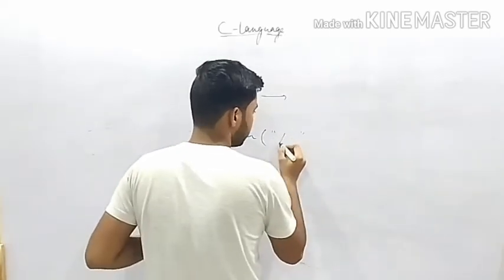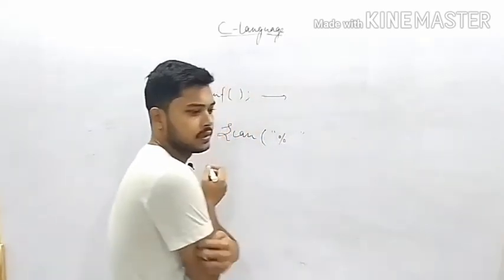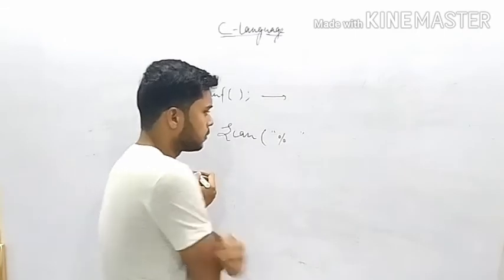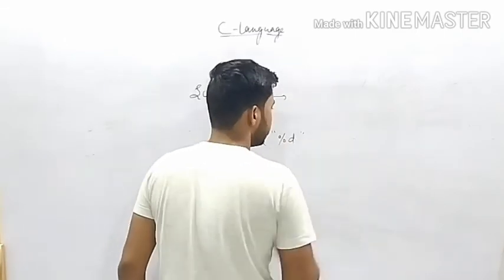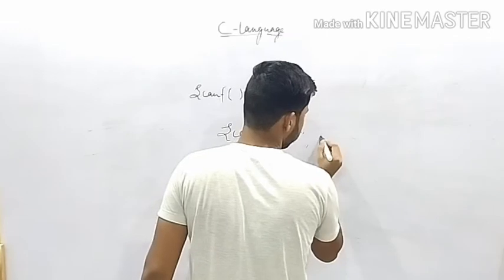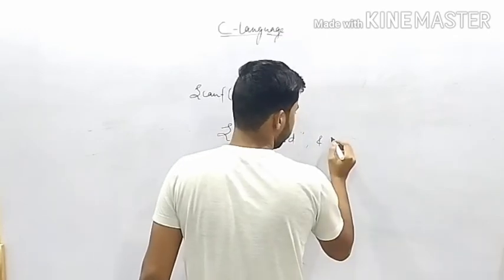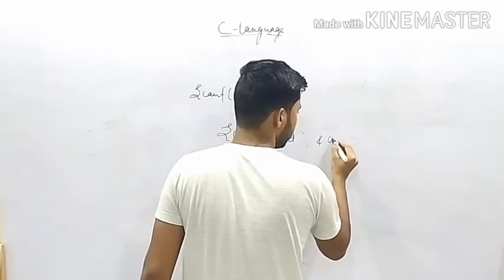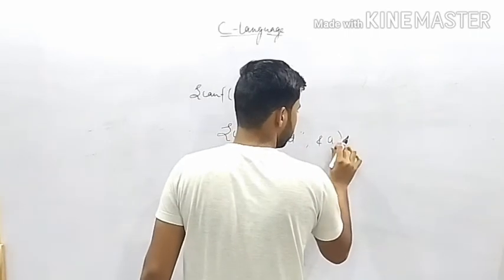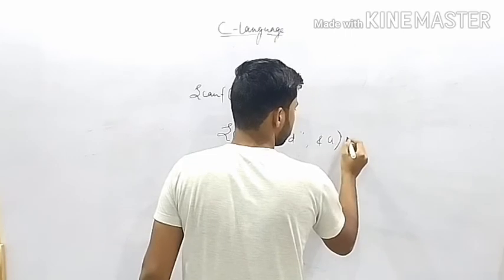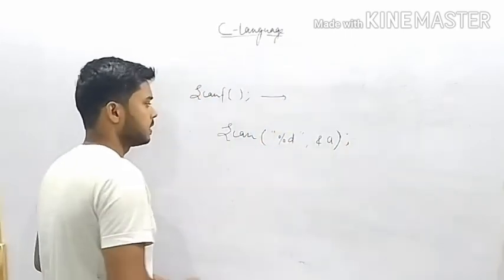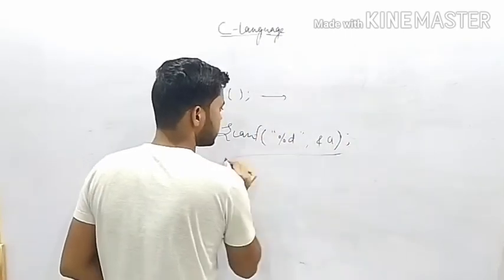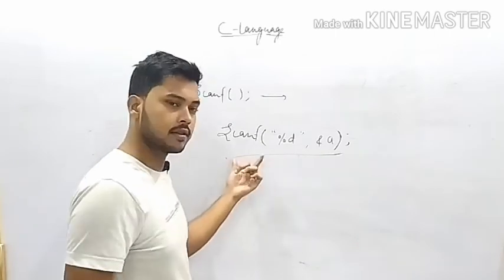For example, we are taking an integer as input, so we will write %d here. Then we will give the address of the variable in which we want to store this value, for example variable a. So this is our syntax for the scanf function.